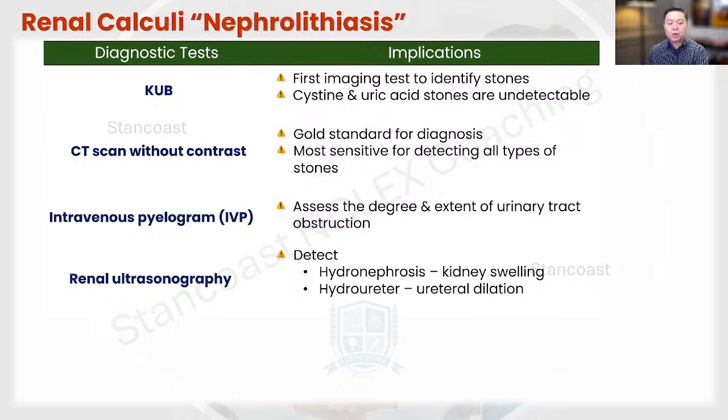So again, our gold standard is the CAT scan without the contrast. Now, why are we going to expect the use of an ultrasound? Well, maybe for those patients that are not supposed to be exposed to radiation, especially pregnant women in their early trimesters, then this is their option, okay? The use of the renal ultrasound.